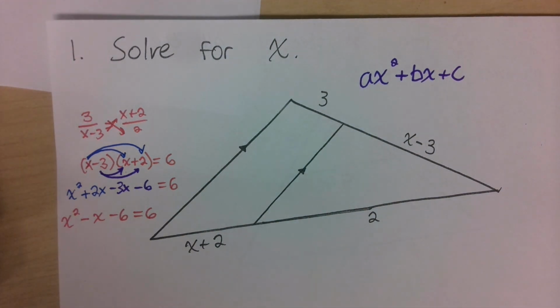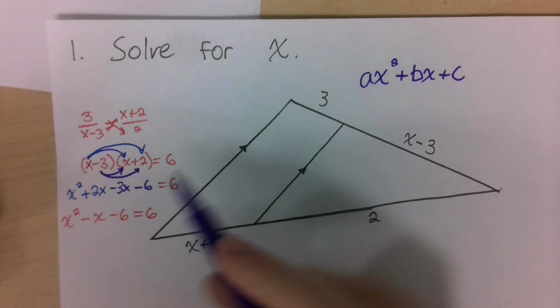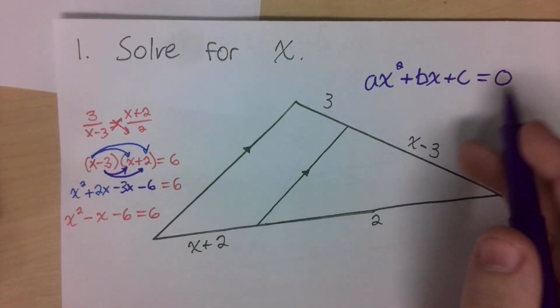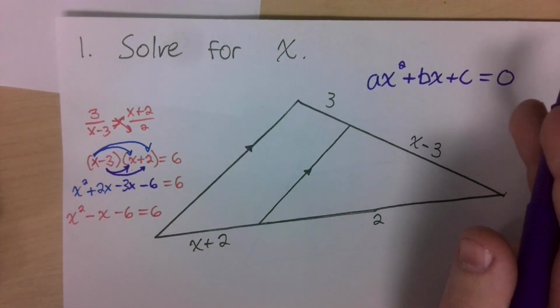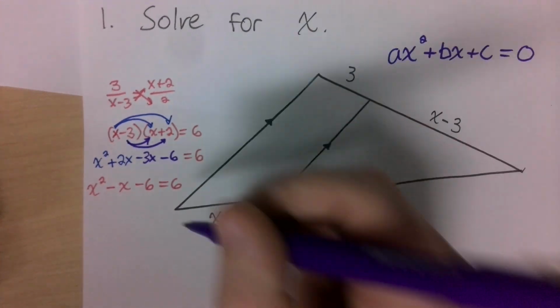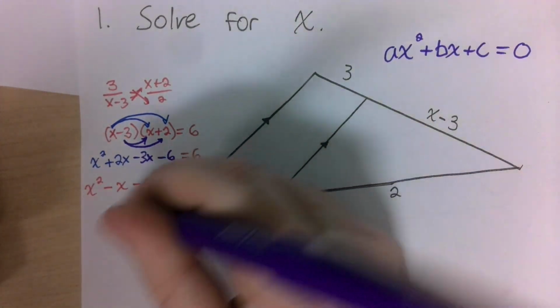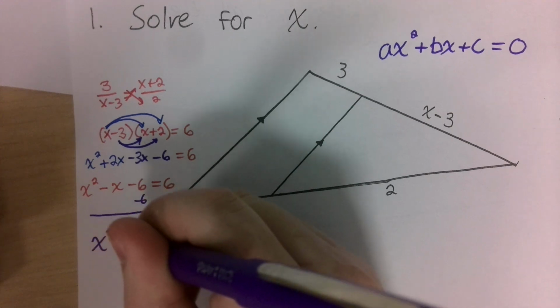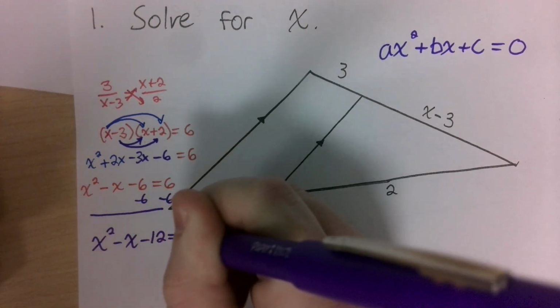And the goal is to get one side of your problem equal to 0. We'll see why in a little bit, but the main goal is to get one side equal to 0. That's easy for this one because we can just subtract 6 from both sides. We end up getting x squared minus x minus 12 equals 0.